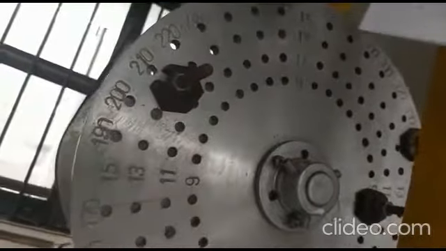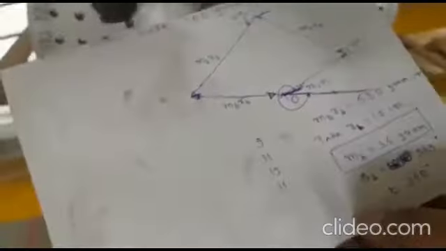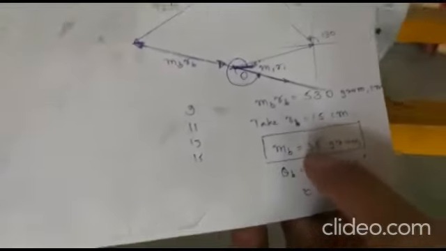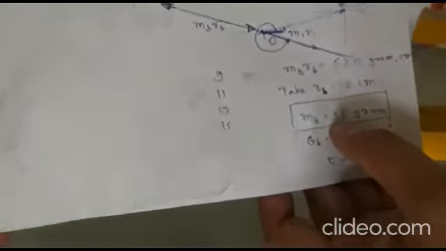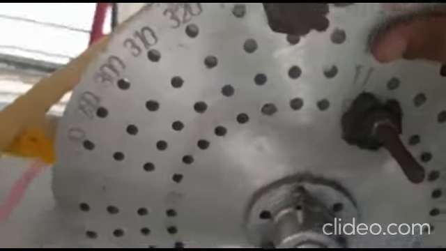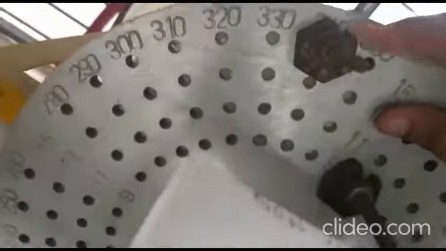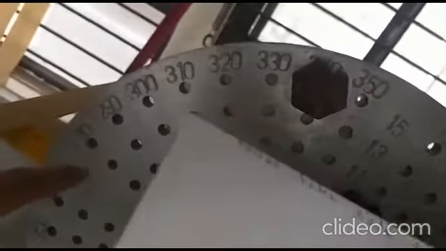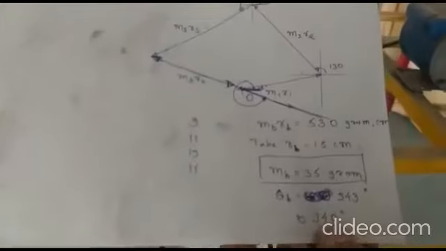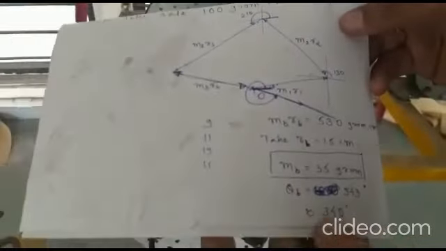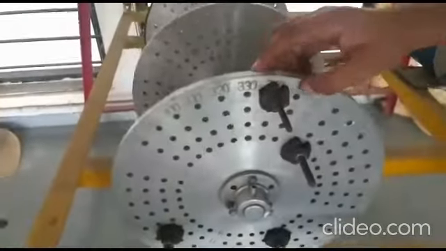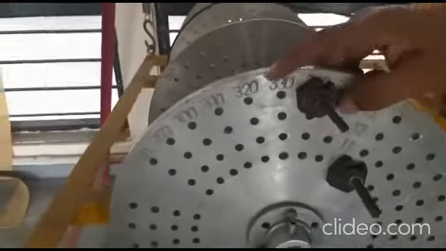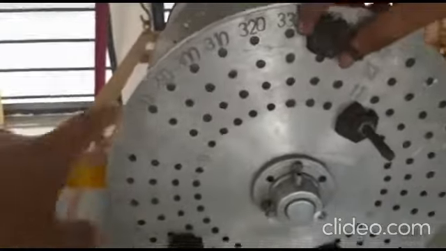Now we have found our balancing mass is 35 grams, but we don't have 35 grams, so I am using 50 grams. Again, the angle is coming 343 degree, but I am using 340 because we have holes at angular increments of 10 degree.